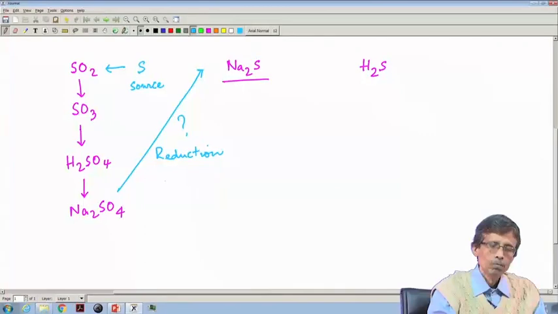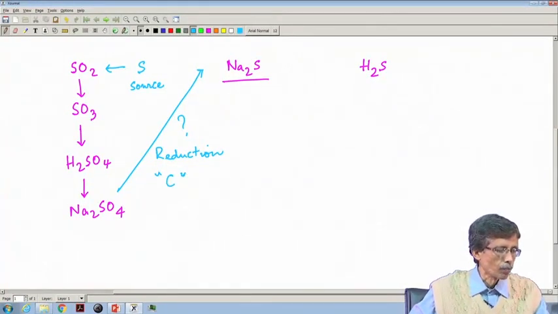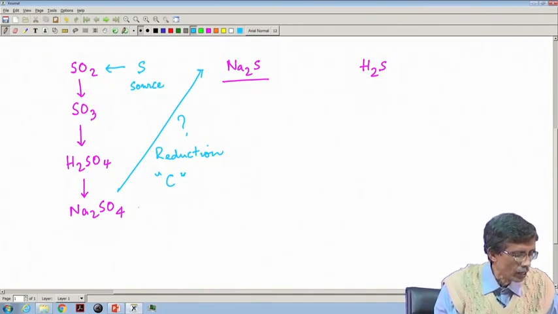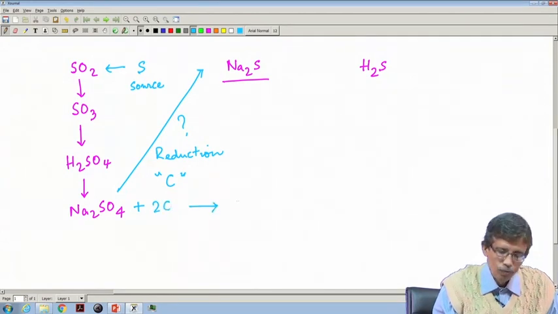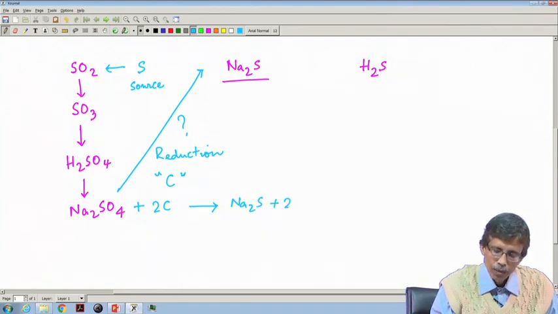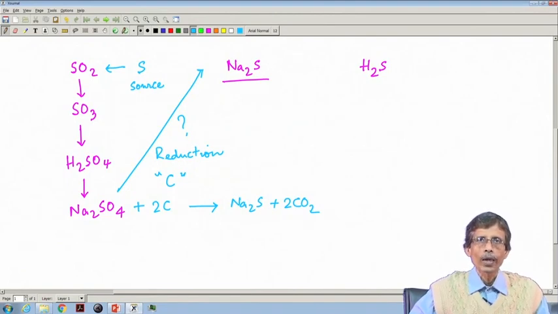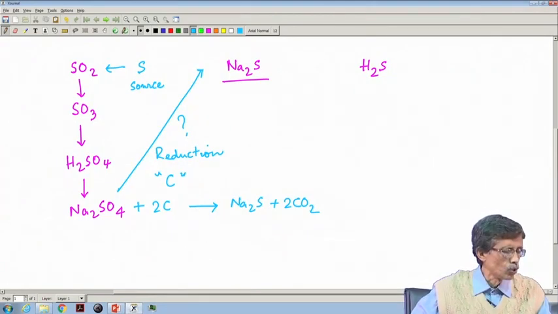How? Carbon is the simplest way, that means the charcoal reduction process. So, the charcoal reduction of Na2SO4 with twice C gives you Na2S plus. That is the simplest way of making sodium sulphide.